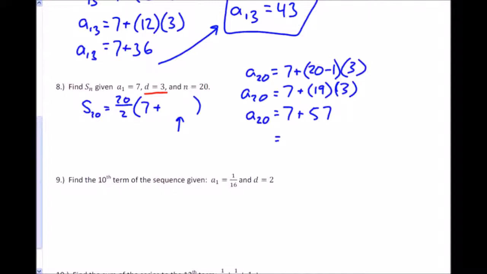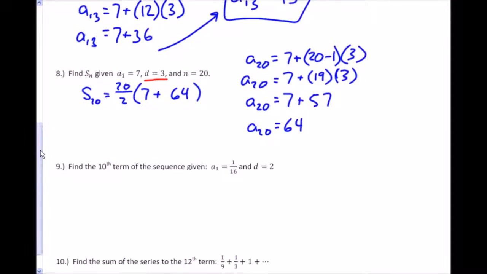So this is going to give me a 64. So now I'm just going to plug this into my calculator. I've got S sub 20 equals 10 times 7 plus the 64, which is going to give me a 71. And now when I multiply, that gives me 710. And that's it.